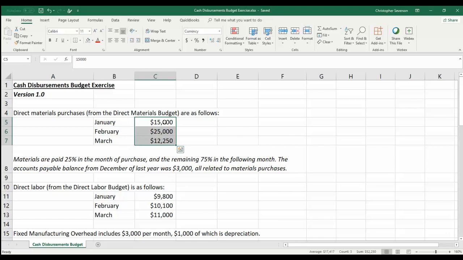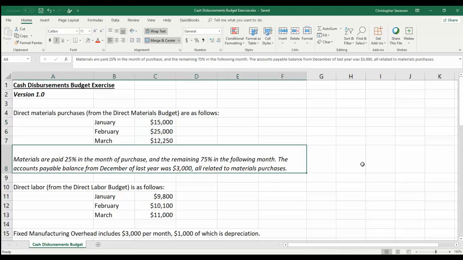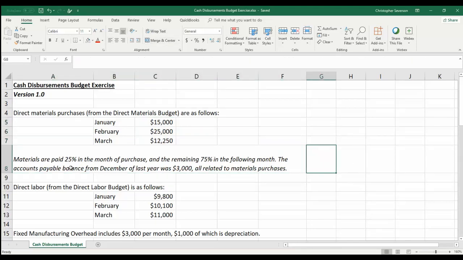These are purchases, and of course we're going to eventually have to pay all of this money back to the vendor. But we have to have information like this, where it says materials are paid 25% in the month of purchase, and the remaining 75% in the following month.